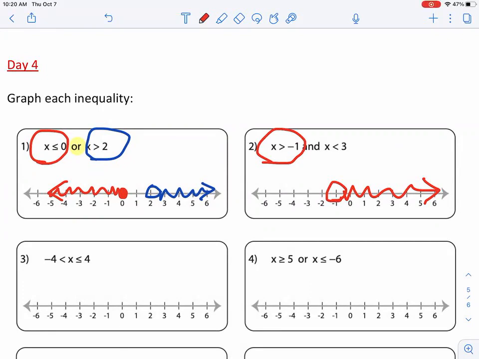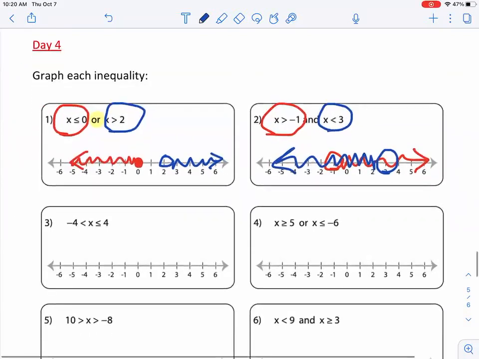Now I'm going to shade the blue part, numbers less than 3. So I go to 3 and I put an open circle, and I want to shade numbers less than 3. So that is to the left. Now that is one ugly looking graph. I'm not done yet, by the way.